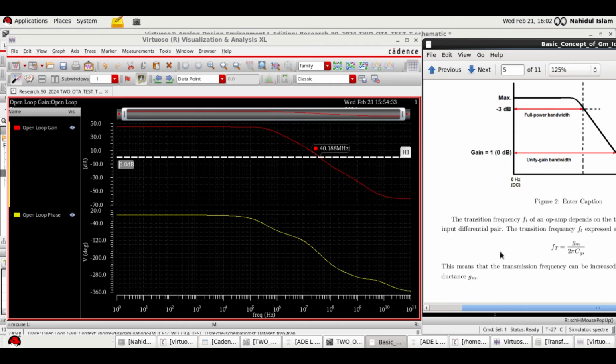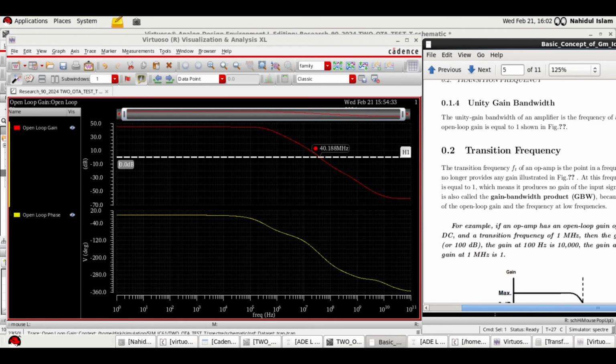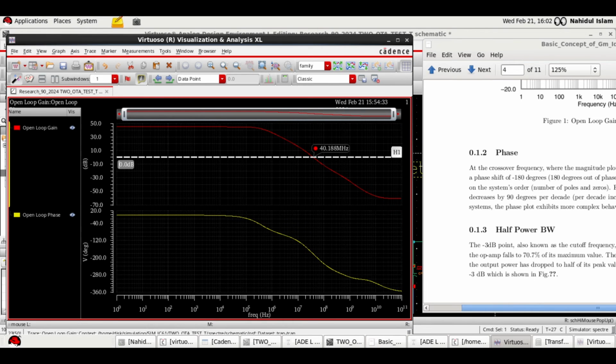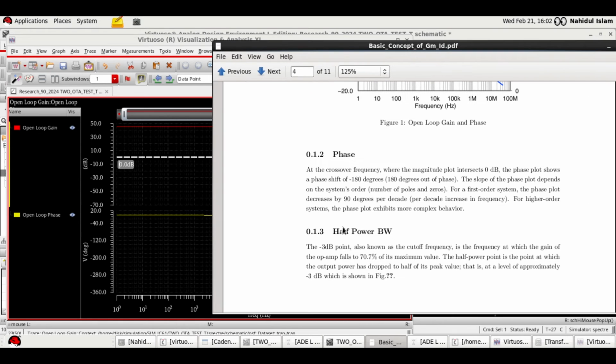Also, here is another term which is called the half power bandwidth. What does it mean? It is the bandwidth in which the power peaks, also called the 3 dB point, or also known as the cutoff frequency.